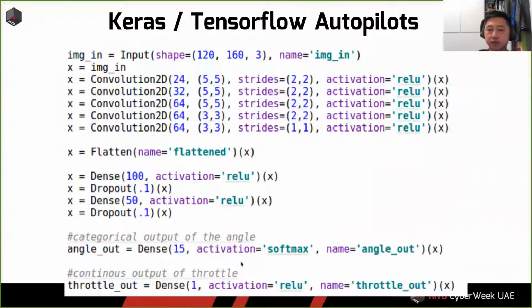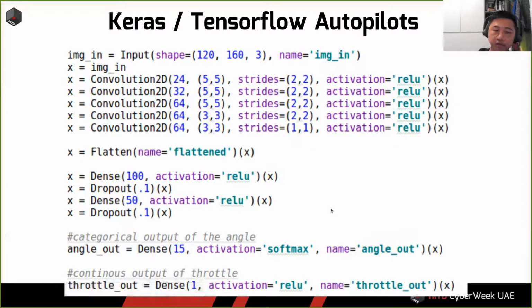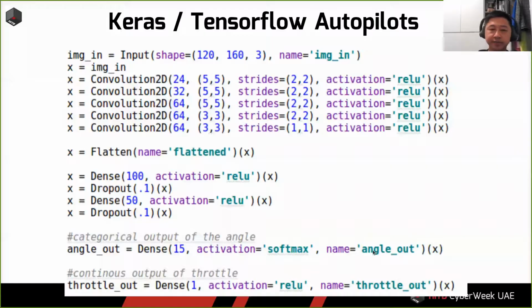And by the use of Keras and TensorFlow coding here, at the end, we can generate an output of the steering and also the throttle. So we do some training here.